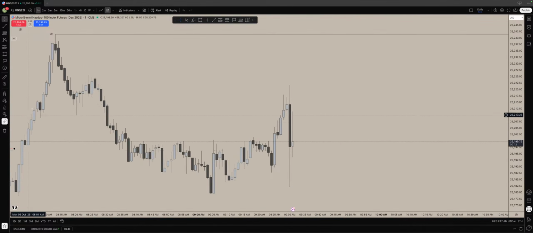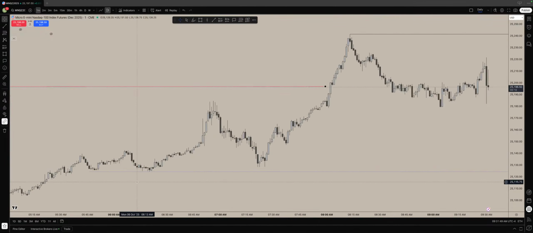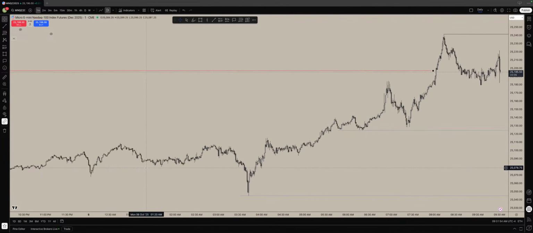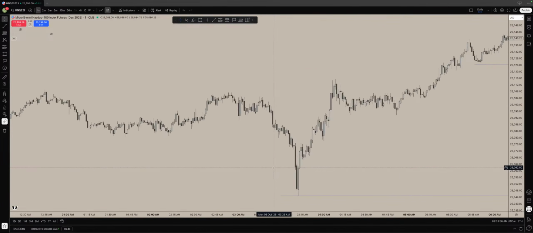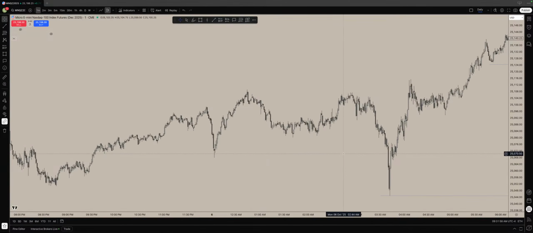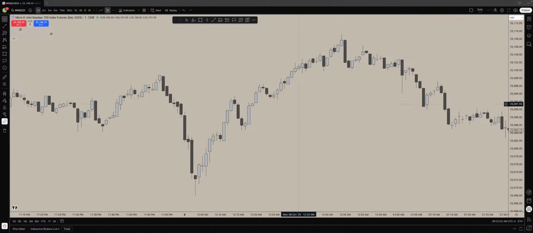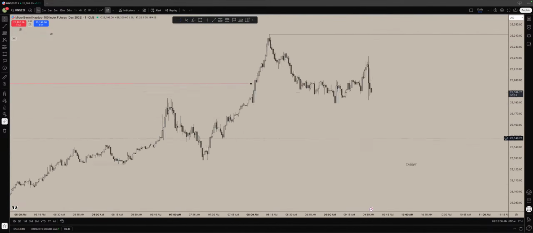Rebalance of the order block. It's not a very good example, but I think you understand what I mean. Yeah. So FEG there, so it's not the best example.